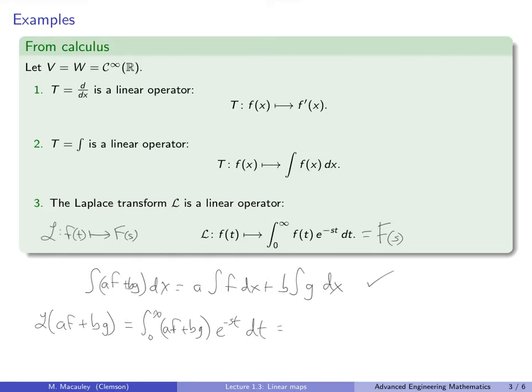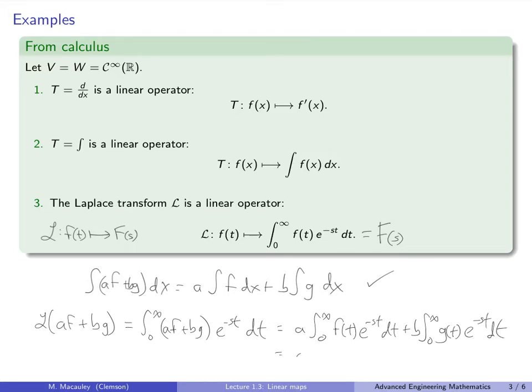And of course I can break this apart as a times the integral from 0 to infinity of f of t e to the minus st dt plus b times the integral from 0 to infinity of g of t e to the minus st dt.